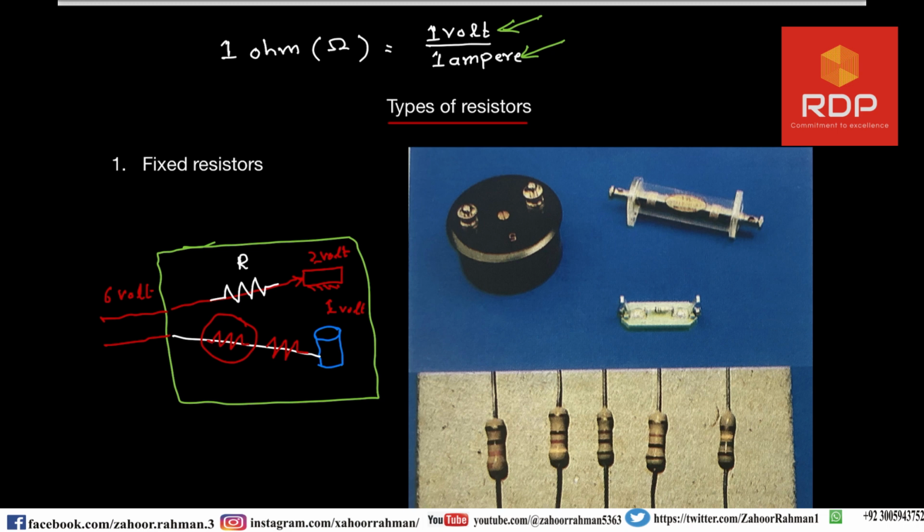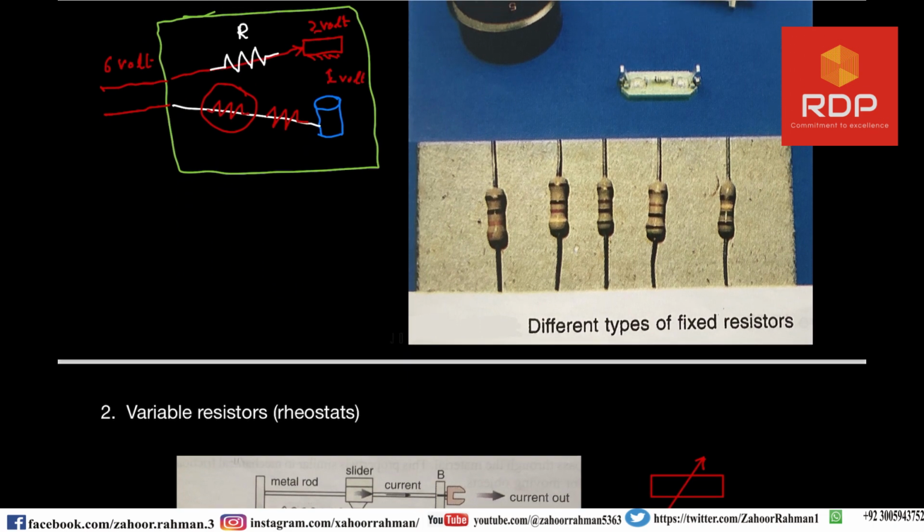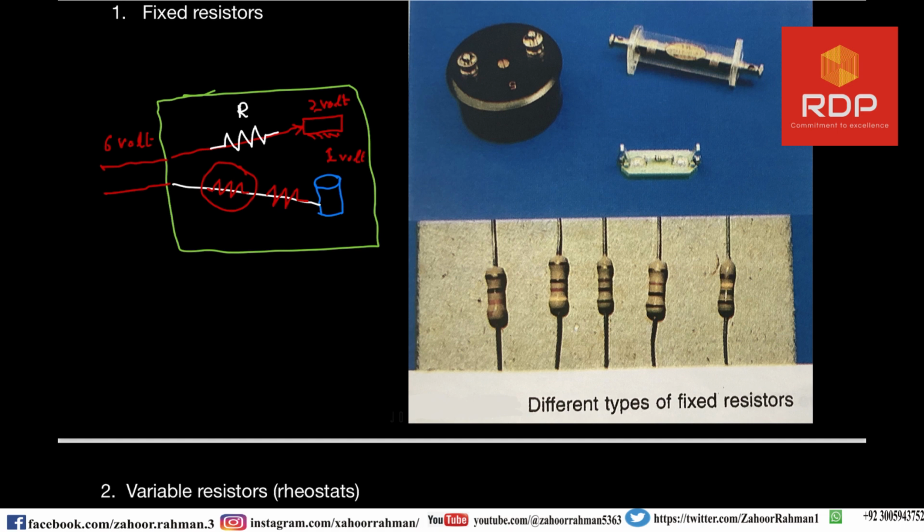Ladies and gentlemen, the first category of resistors is the fixed resistor. Fixed resistors are of four types: carbon film resistors, carbon composition resistors, tin oxide resistors, and wire wound resistors. These are shown inside the figures.